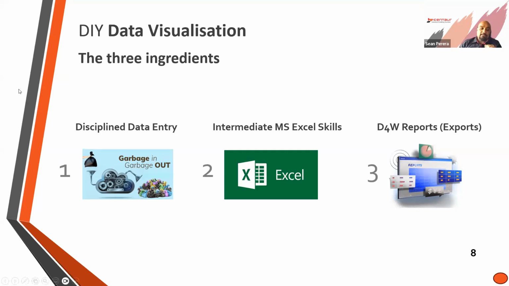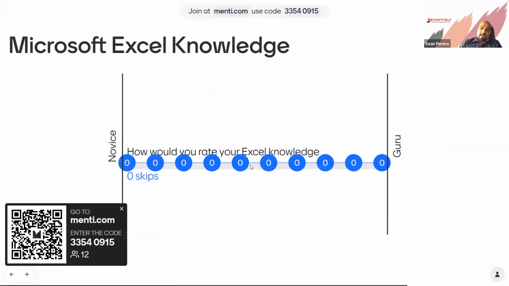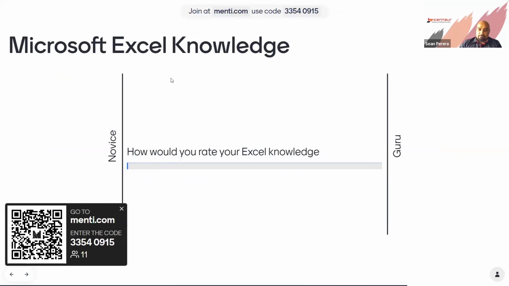Before we go to the next point, I've got another question for you. How would you rate your Excel knowledge? So 1 being novice and 10 being guru. So I'd like to get a bit of an idea of everyone's rating.